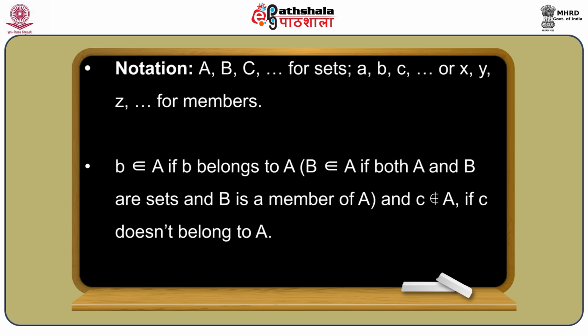Notation. In this module, we use uppercase A, B, C for sets, lowercase a, b, c or x, y, z for members. We say b ∈ A if b belongs to A. Or we might say uppercase B belongs to uppercase A if both A and B are sets and B is a member of A. Remember, sets can be members of other sets.